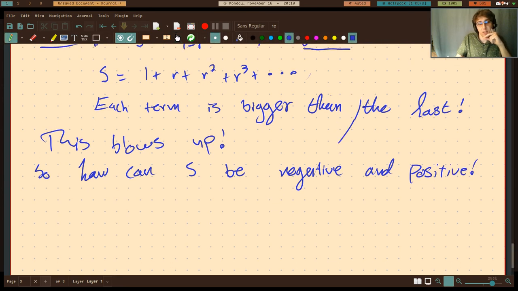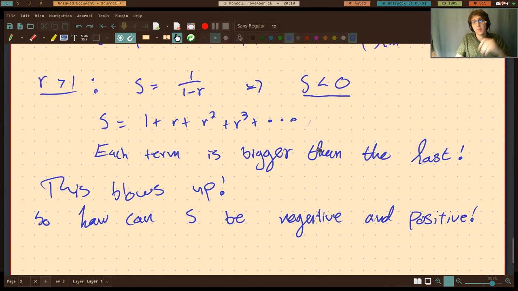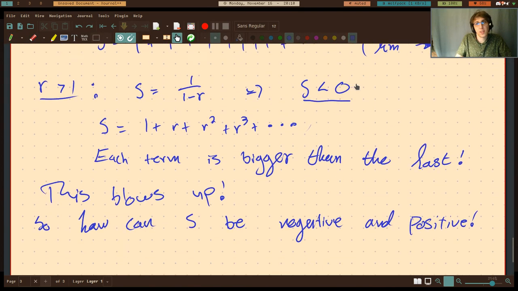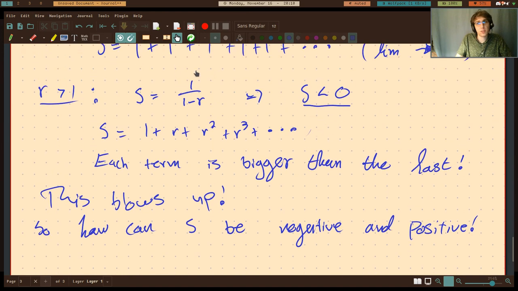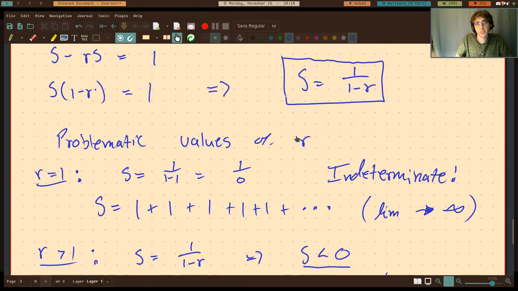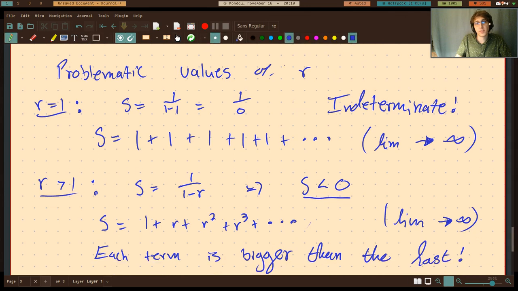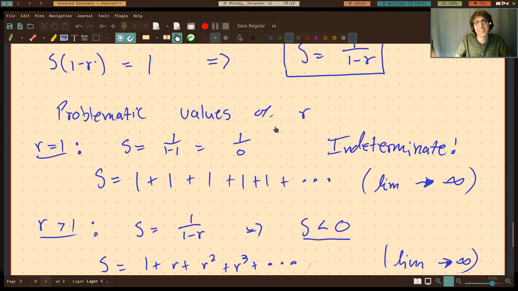Well, it can't, right? Our formula is going against our intuition. Our intuition says that, again, the limit approaches infinity. Our formula says, no, it's negative, and it's finite. Well, there's no way, right?